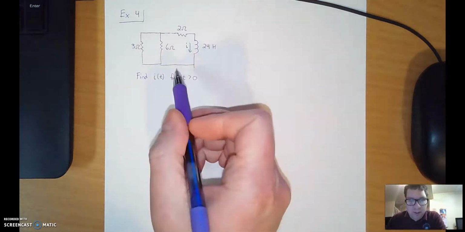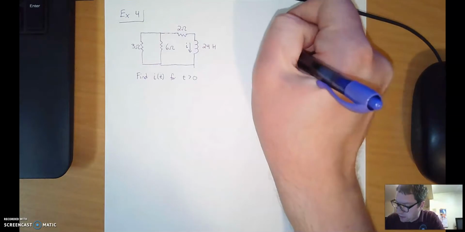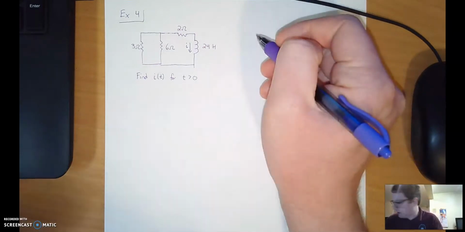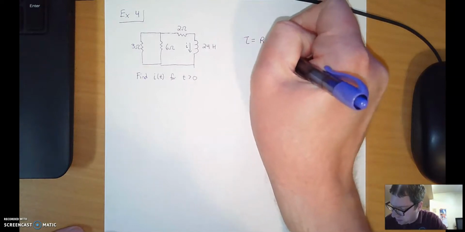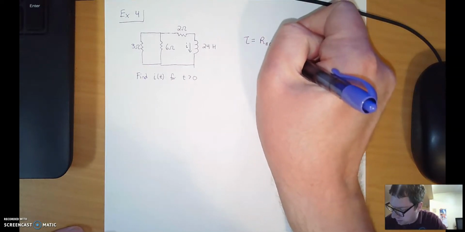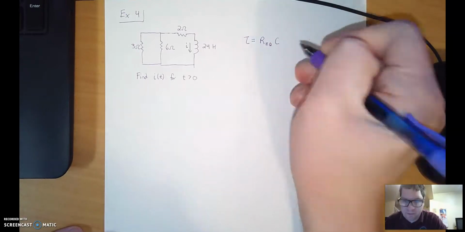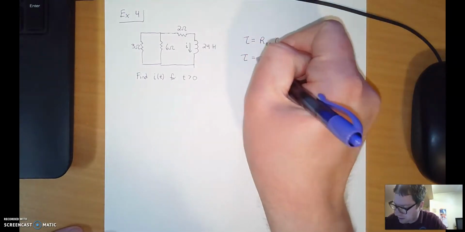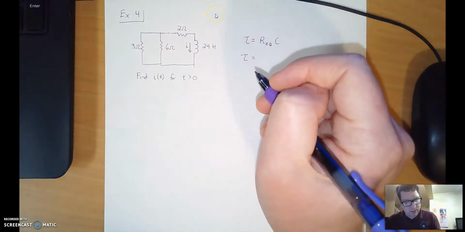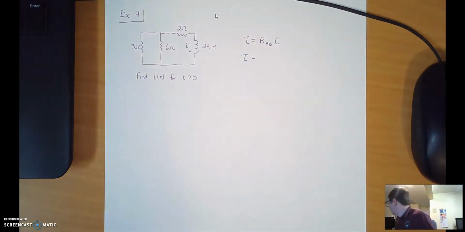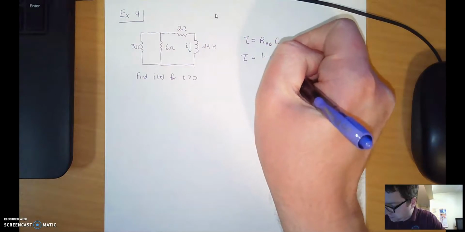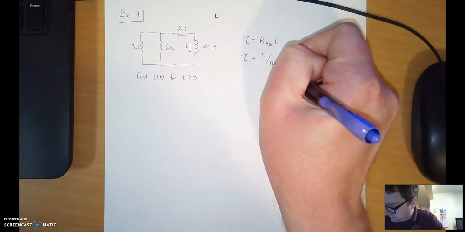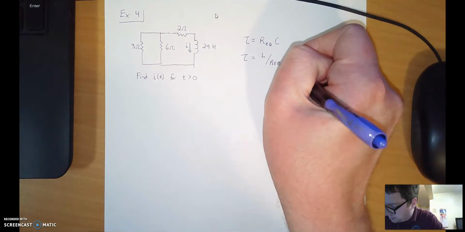The first thing we want to do is make a note of those. We have tau equal to R equivalent times C, and tau equal to L over R equivalent.